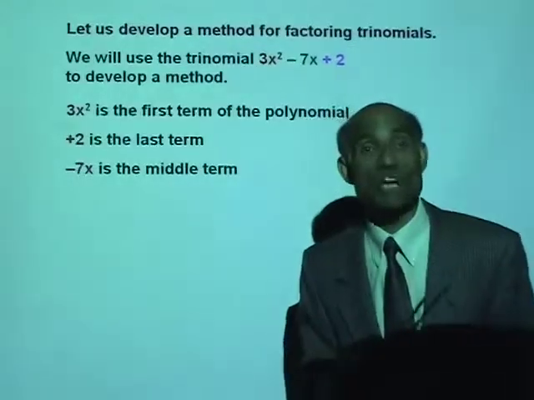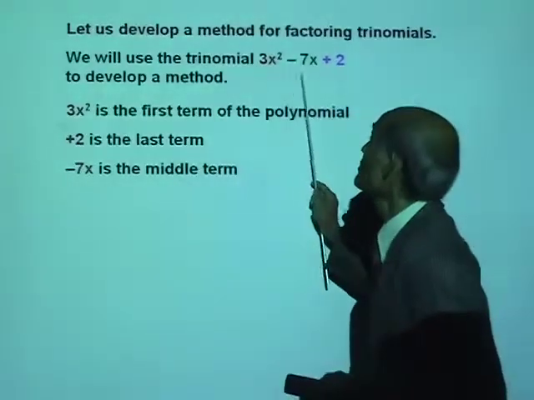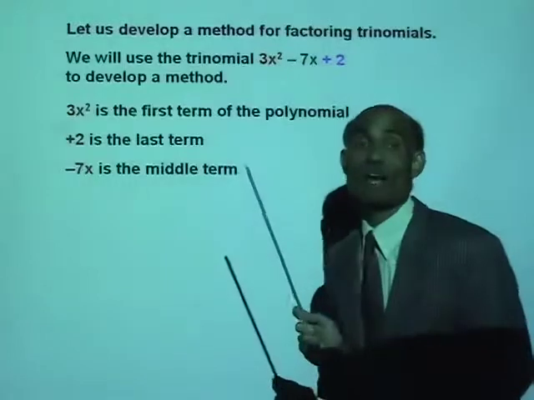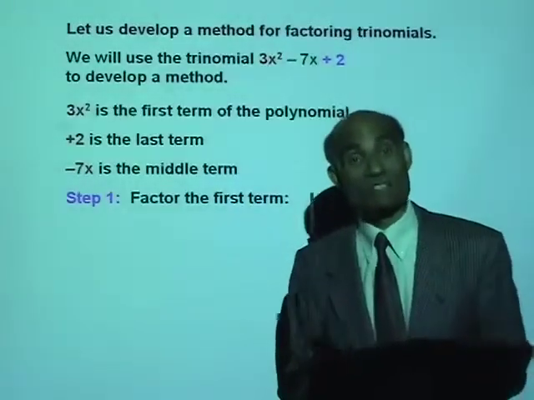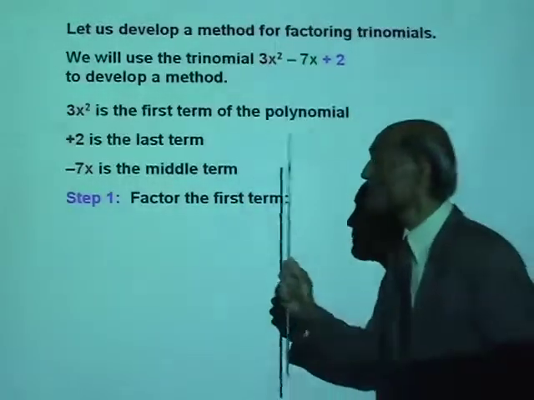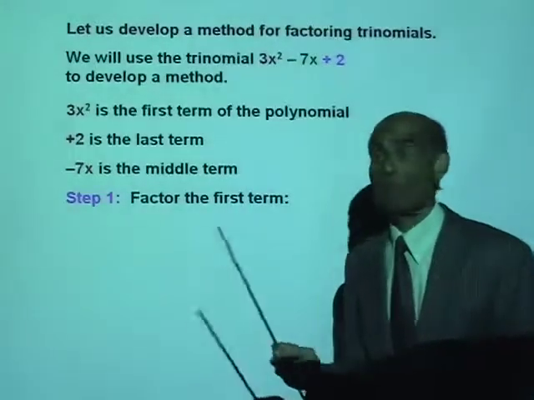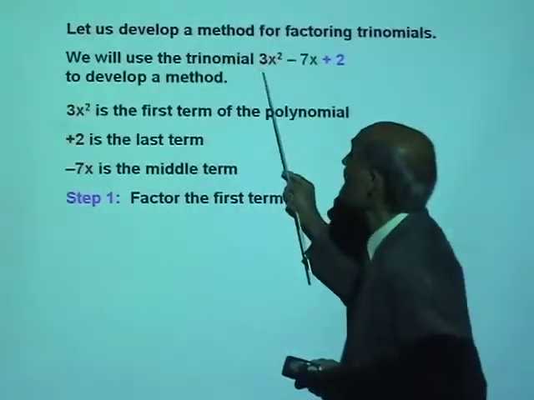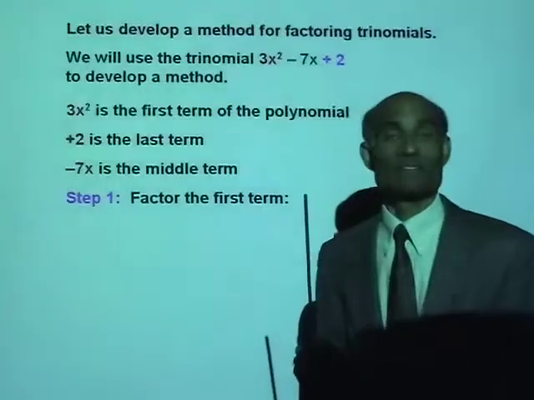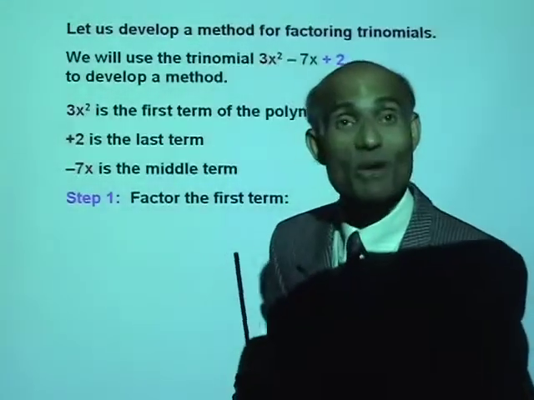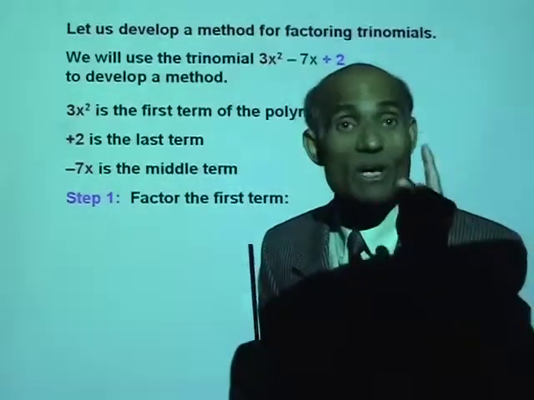Alright, where do we start when you want to factor a trinomial like this? Step 1, factor the first term. Now, how do we factor 3x squared? Can you factor 3x squared?